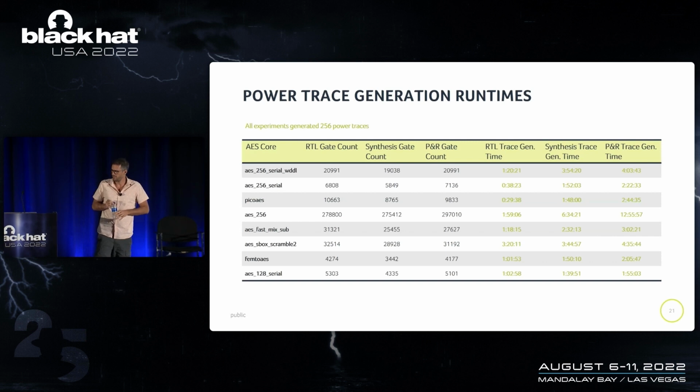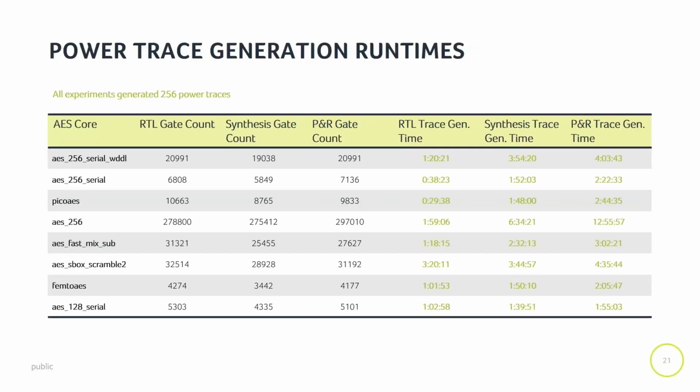But before I get into that, that mainframe isn't very fast. Don't do it on that one, actually. But on a modern CPU, these simulations are actually quite doable. What you see in this table is a number of AES cores we've tried this on.